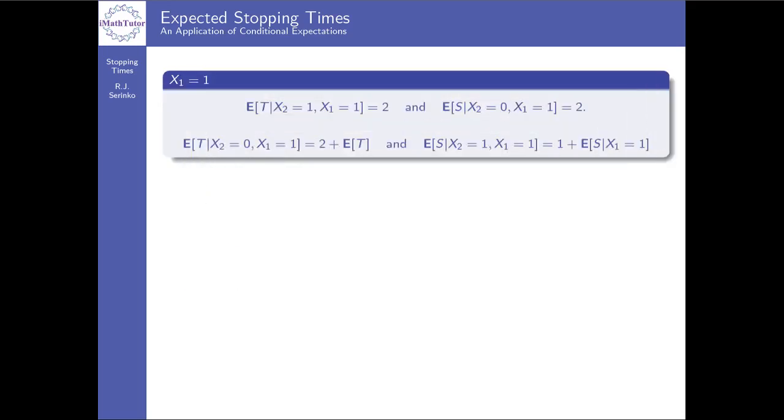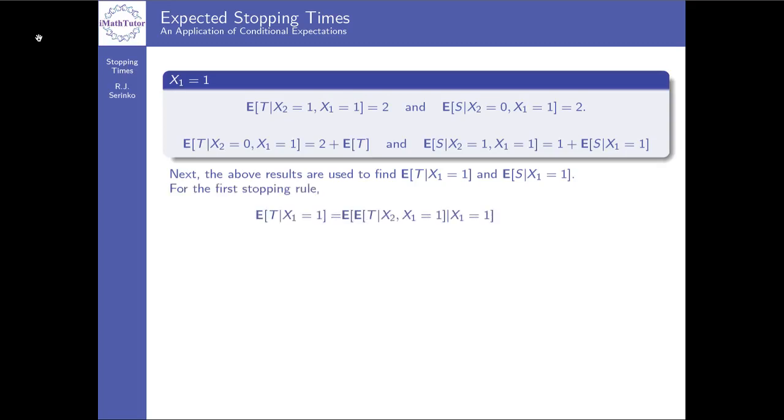Again, summarizing what we found so far, we want to use these results now to find the expected value of t given x1 equals 1 and the expected value of s given x1 equals 1. For the first stopping rule, again, we use this well-known result from probability theory, and note that the inner expectation here is a conditional expectation, and so is the outer.